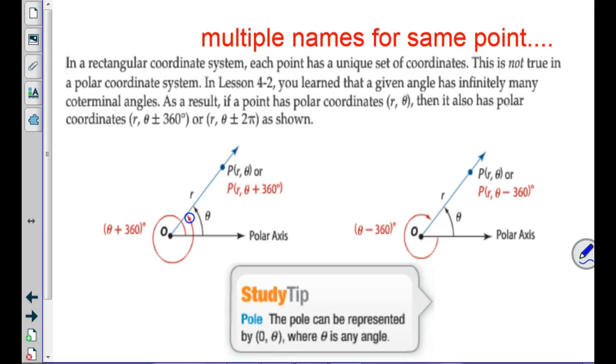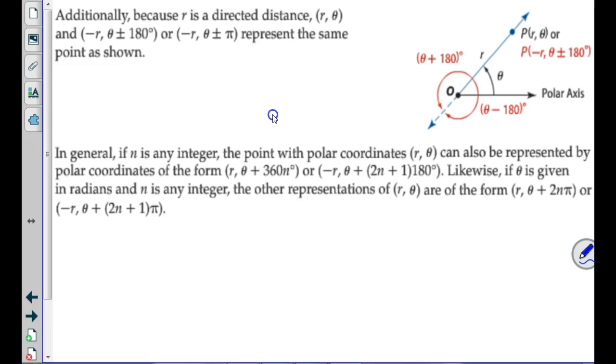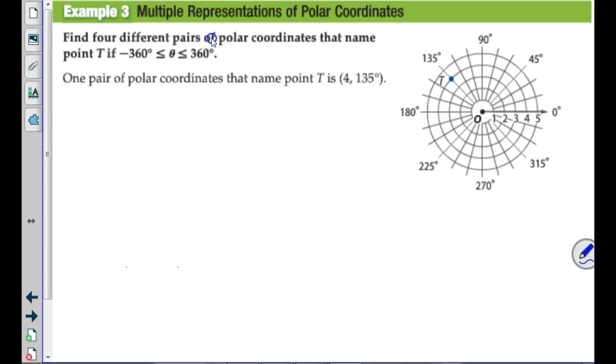All right, so that's what's coming up here. Multiple names for the same point, okay? And basically it says on theta, you could obviously add or subtract 360, and you could add or subtract 2 pi, but that doesn't do a whole lot. You could also do the opposite of the r and add or subtract 180 or pi, and so on. So let's try to think this through.